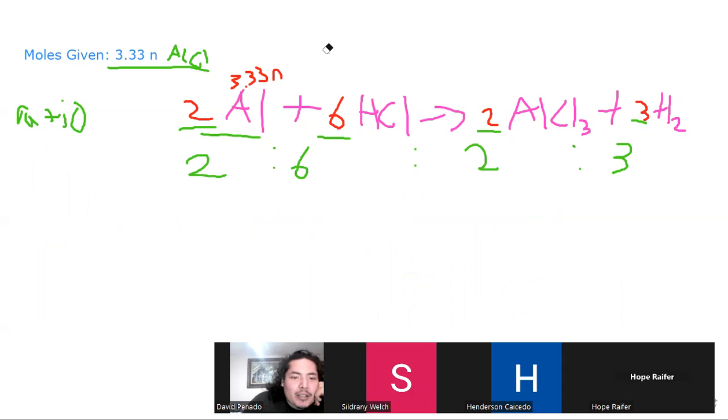All right, so let me do the other way. So what is the mole given on this side? 3.33. That's the mole given. Mole of AlCl. And then we multiply by the mole desired, which is this, 2 mole of Al.